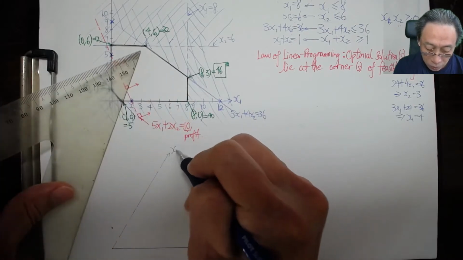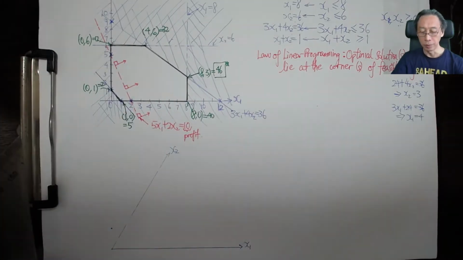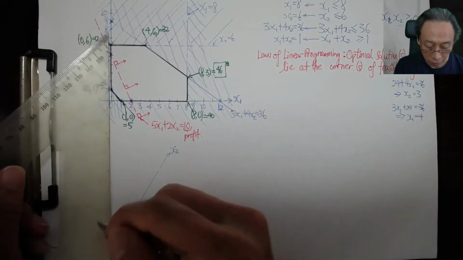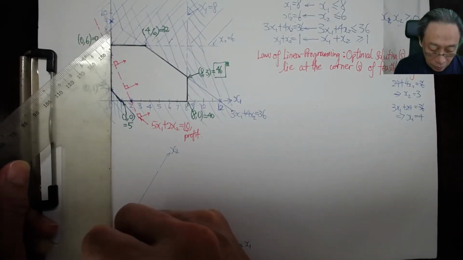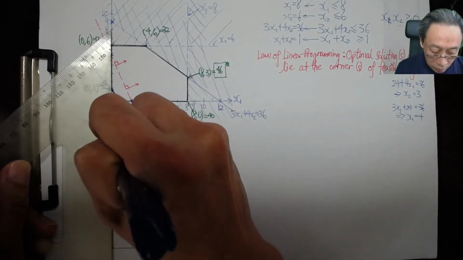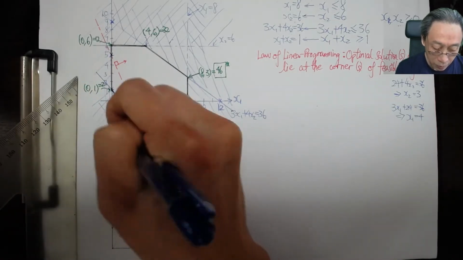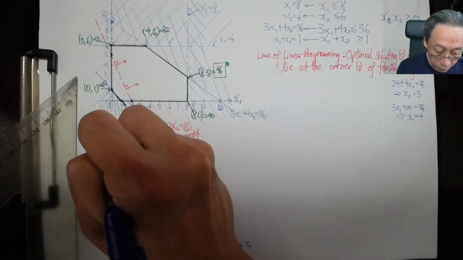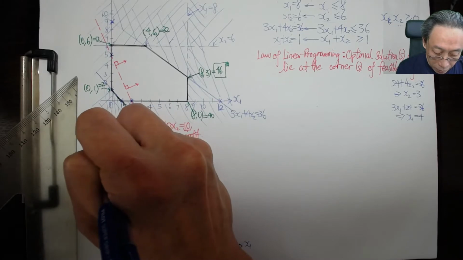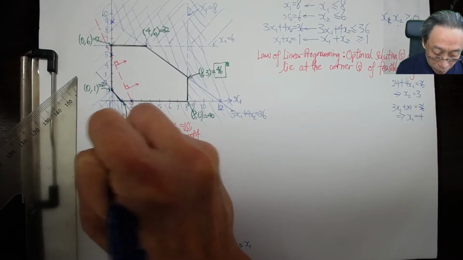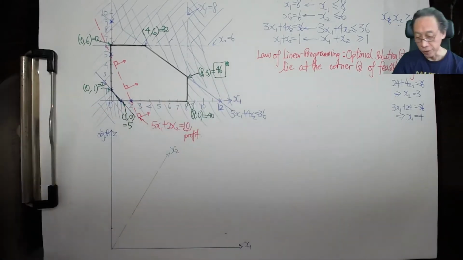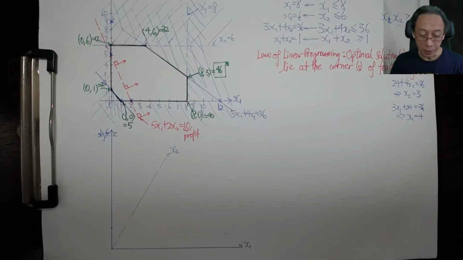So now our X2 is lying down, and the vertical line here is now the profit. We just call it Z. So that is basically 5x1 plus 2x2.